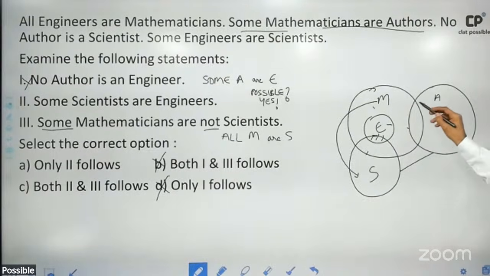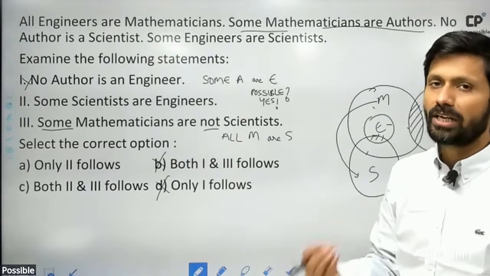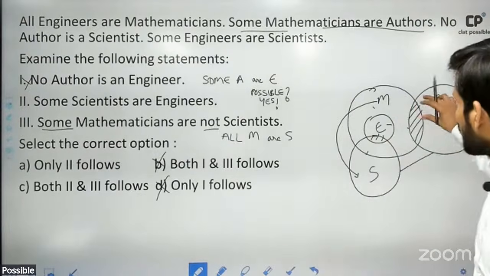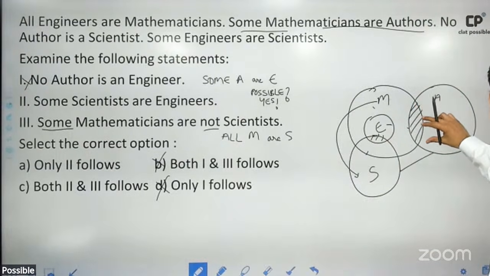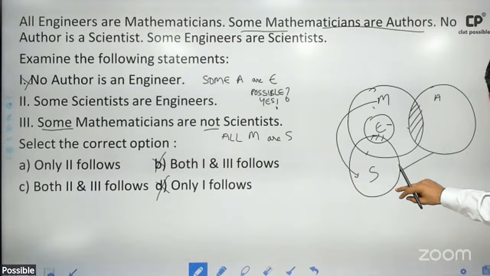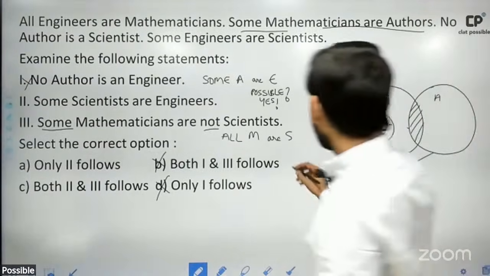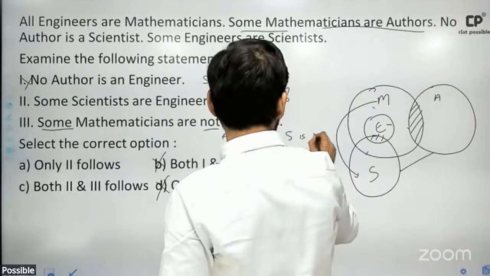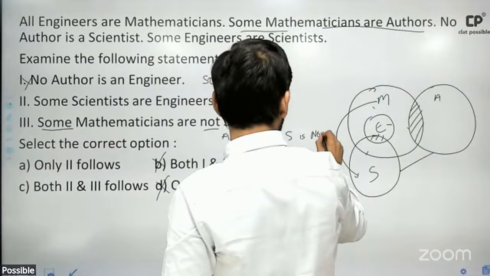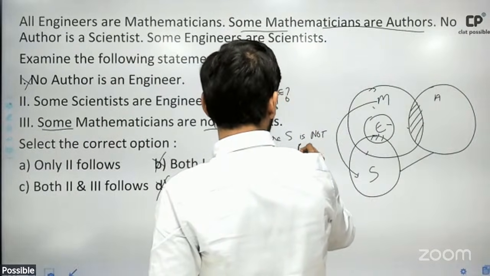Not possible, because some portion of M is also A, और A और S में overlap नहीं हो सकता, तो जो ये overlap part है between M and A, this cannot be in S, right? So all M are S is not possible.